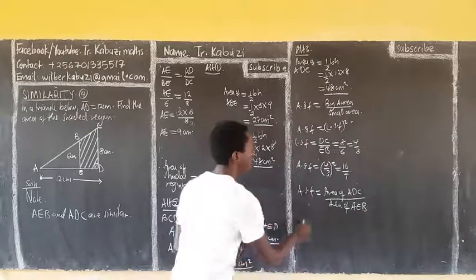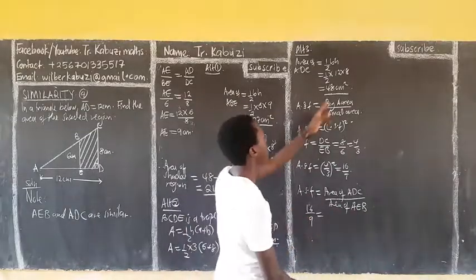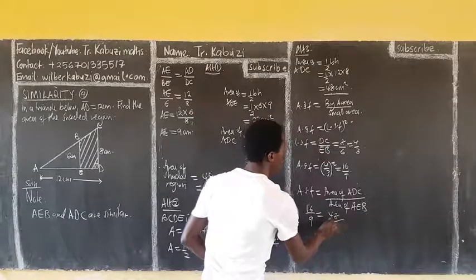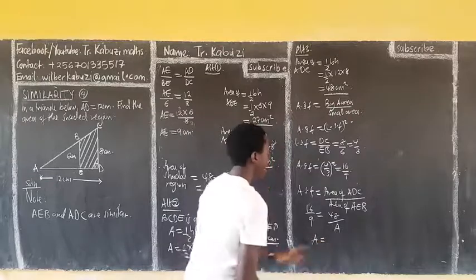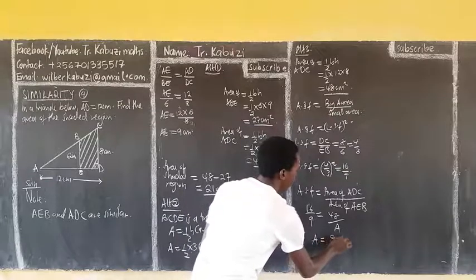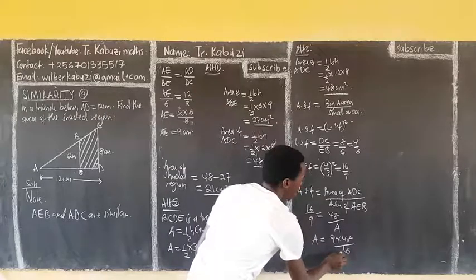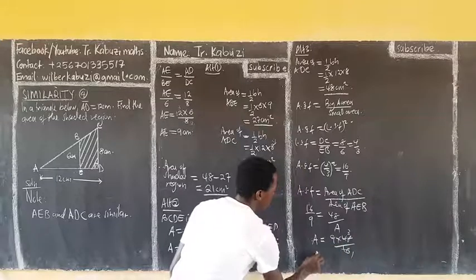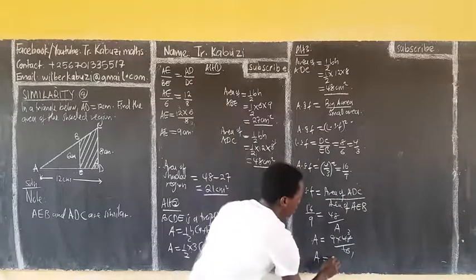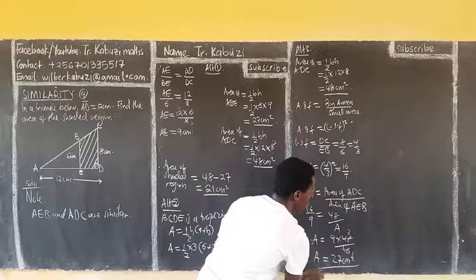So I have this as 16 over 9 is equal to the area of the big, which is 48, over the small area, let me call this A. If we multiply there, I'll be having 9 times 48, the whole over 16. And you see by this 1, by this 3, the area here is going to give us 27 square centimeters.